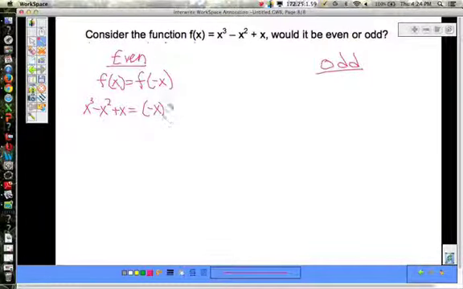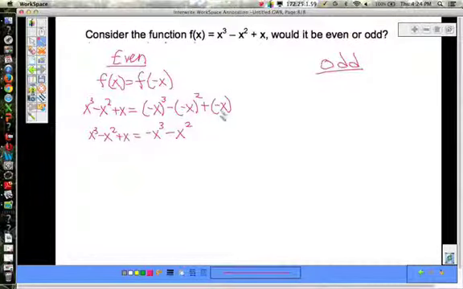Negative x cubed minus negative x squared plus negative x. Well, we can't simplify that side. And on this side, our negative can come out in front. And this negative we don't pull out because if we square it, that's the same as a positive. And then we have this minus x there.